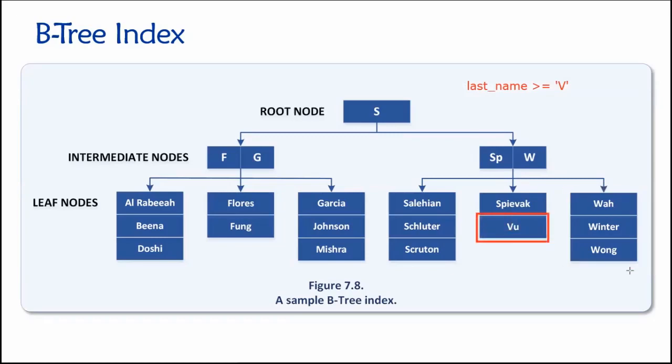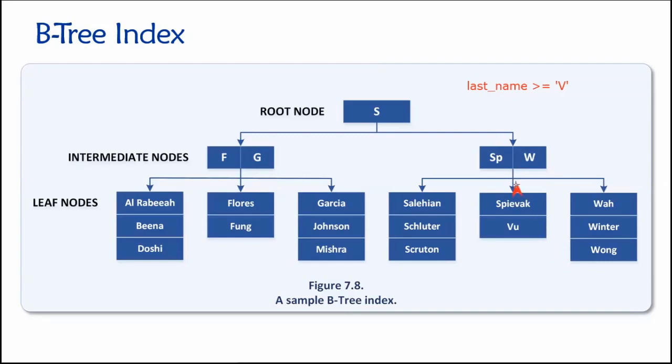But it's comparatively inefficient, because if I'm the database, I would be looking over here and asking, is V less than this? No. Is V less than this? Yes. So I go down this middle path and find one of my answers.